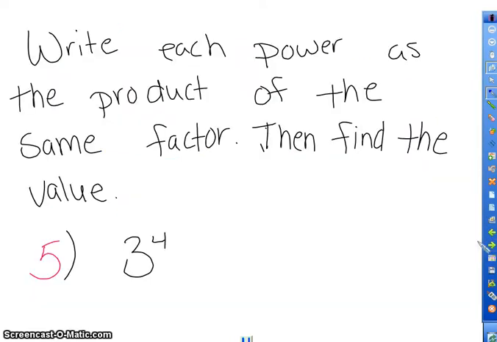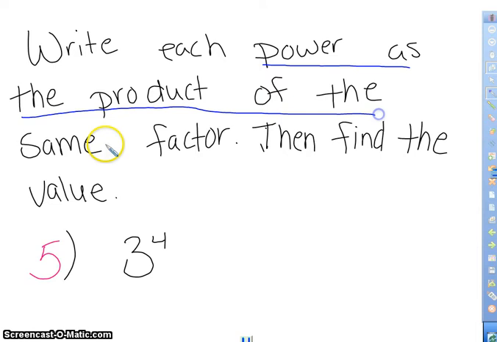The next problem we have is write each power as a product of the same factor, then find the value. So this one actually has two different parts to it. The first thing we're going to do is write the power as a product of the same factor. Product of the same factor means that I'm going to show some repetition.